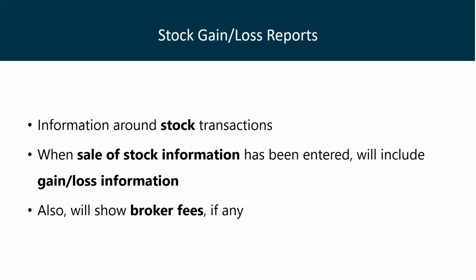Okay, stock gain and loss report. Again, exactly what it sounds like. It's information around stock transactions. When the sale of stock has been entered, because remember, the stock gift that you enter is around the gift amount, what the stock is valued at when it's transferred to your organization.